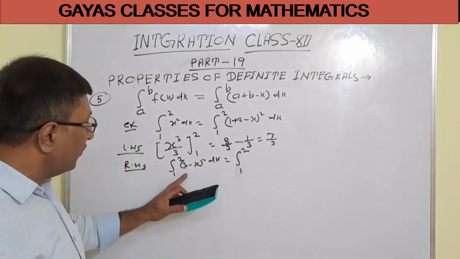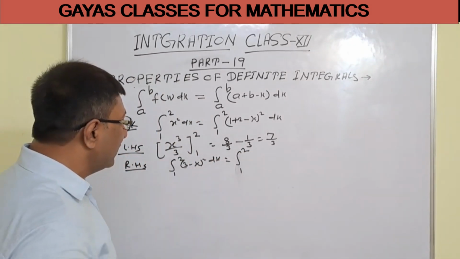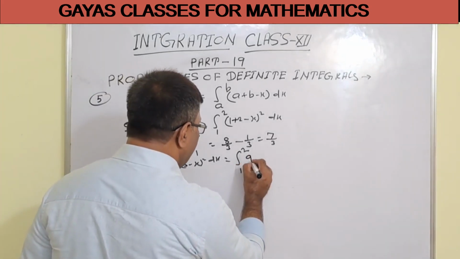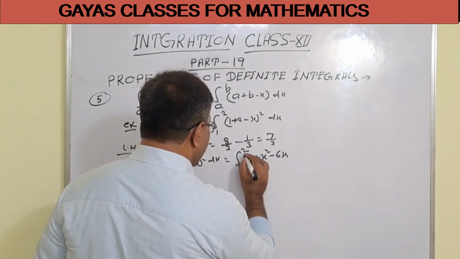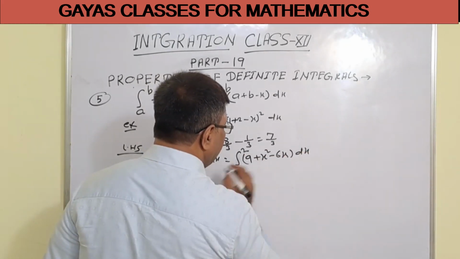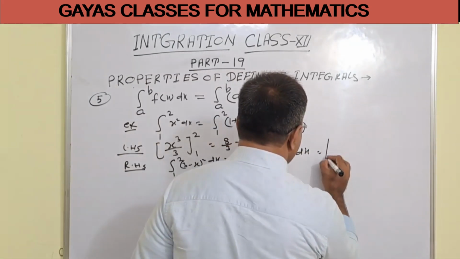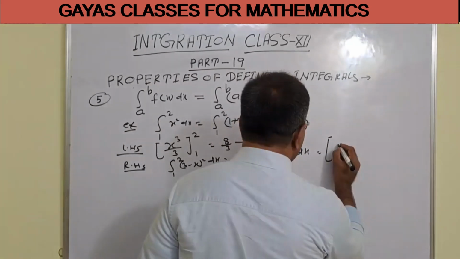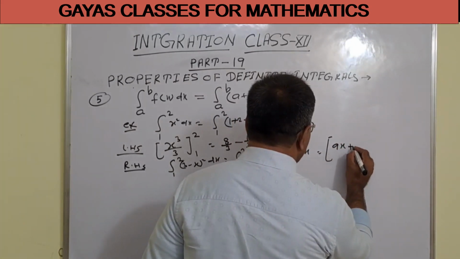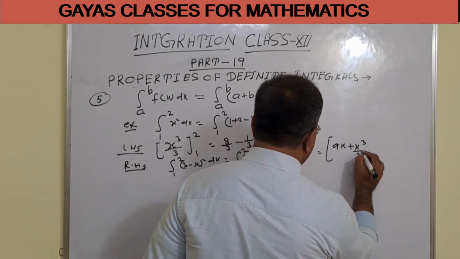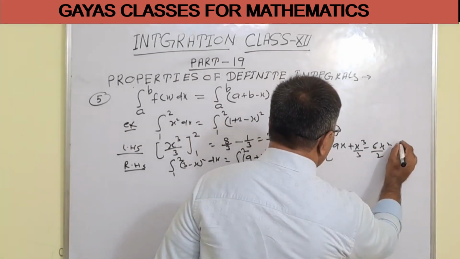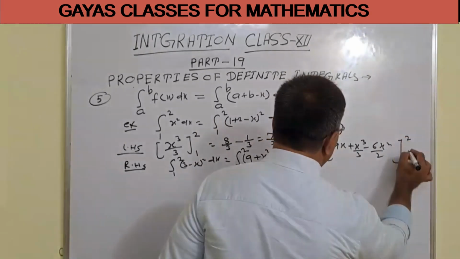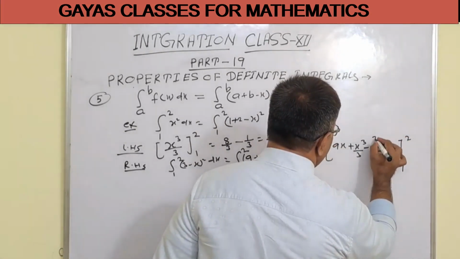3 minus x whole square, (a minus b) whole square, expand. So this is 9 plus x square minus 6x dx. So we can write the integration of 9 is 9x, x square is x cube by 3, and 6x is minus 6 x square by 2. Upper limit is 2, lower limit 1, and 2 times 3 is 6.